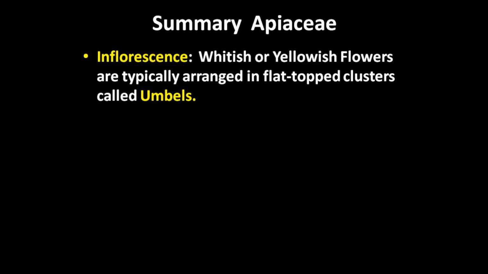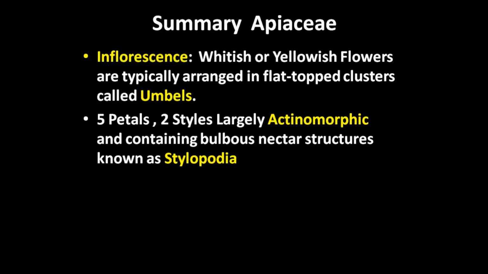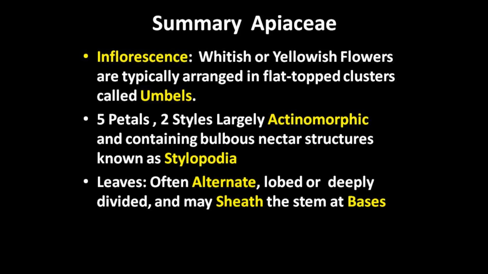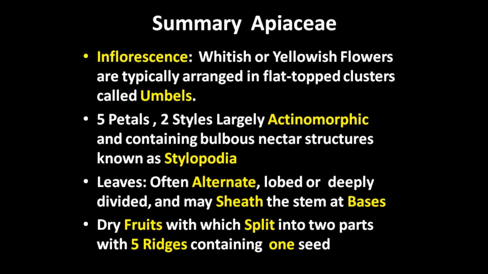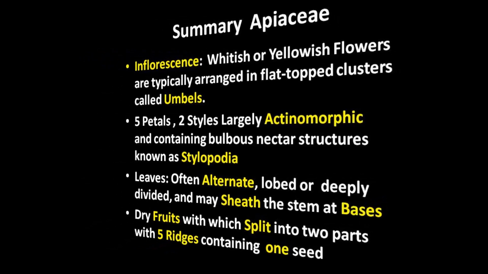If you have a plant whose inflorescence is white or yellow and typically arranged in a flat top cluster called umbels, if on that plant the flowers in the inflorescences have 5 petals, 2 styles and are largely actinomorphic and contain bulbous nectar structures known as stylopodia, should that plant have leaves which alternate up the stem and are lobed or deeply divided and sheathe the stem at its base, should that plant, on examination of the dry fruit, split into 2 parts, each with 5 ridges containing 1 seed, then it is likely that the plant you have is within the family Apiaceae or the carrot family.